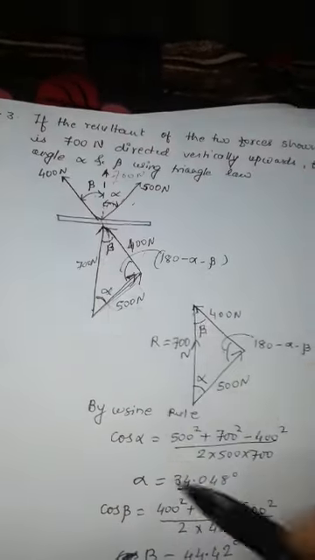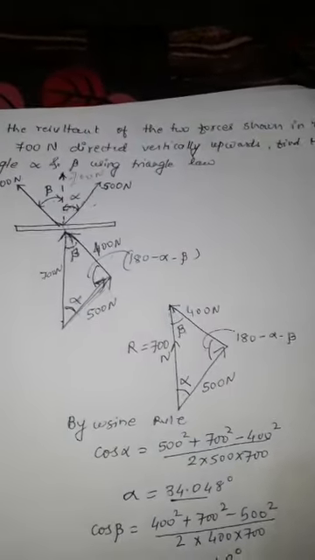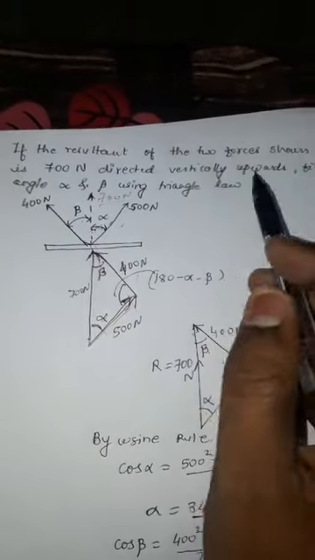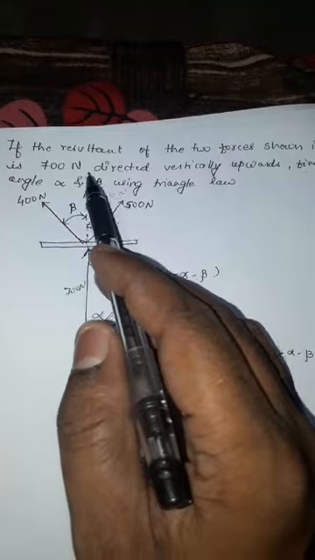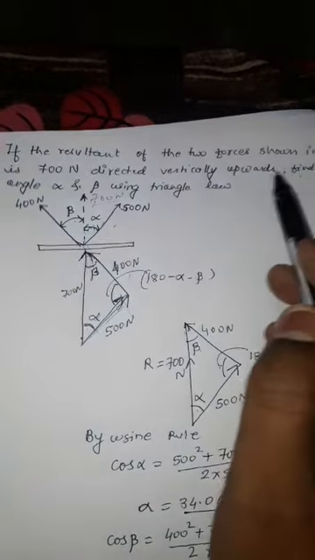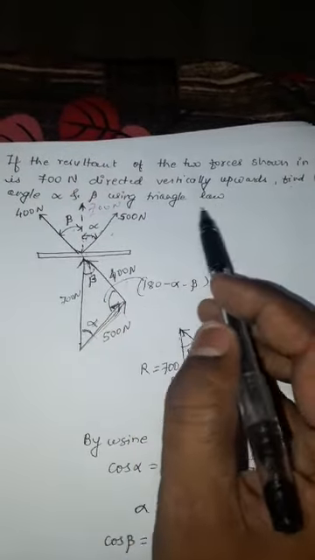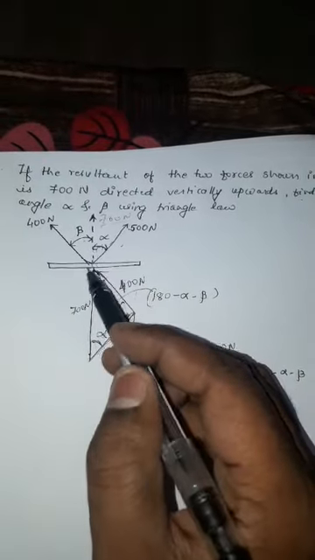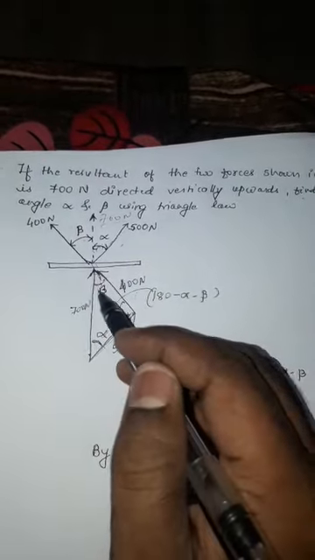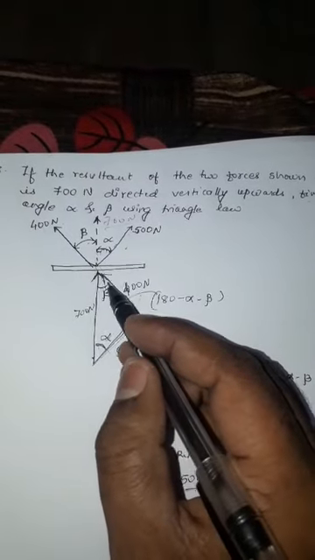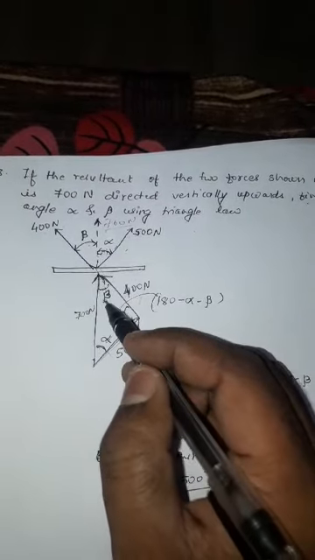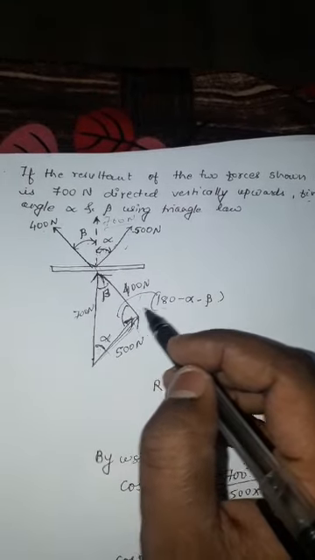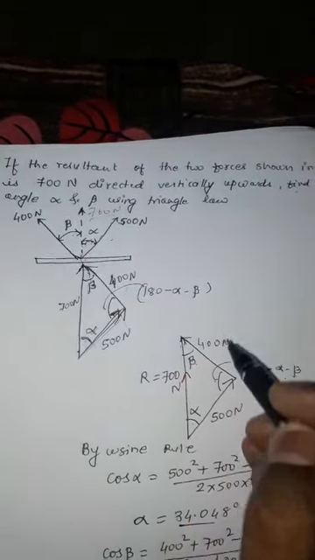So coming to the initial statement, that is, if the resultant of two forces shown in the figure is 700 Newton directed vertically upward, find the angles alpha and beta using triangle law. You have been given this figure. I have converted this figure into a triangle, and I have calculated the angle values, that is alpha and beta, and how they look in a triangle, and this is 180 minus alpha minus beta.